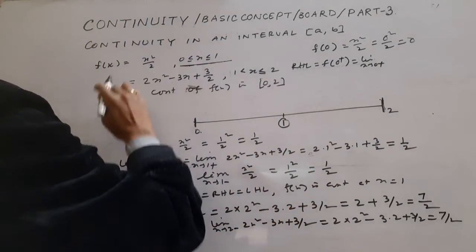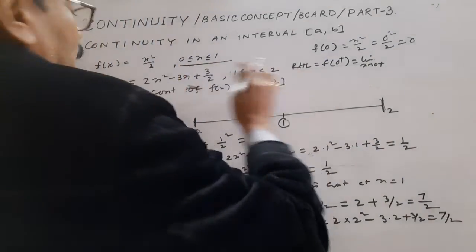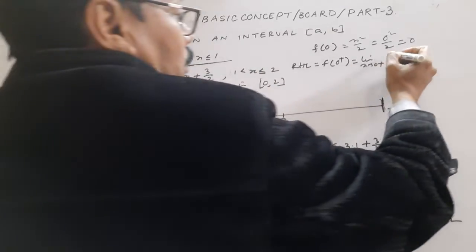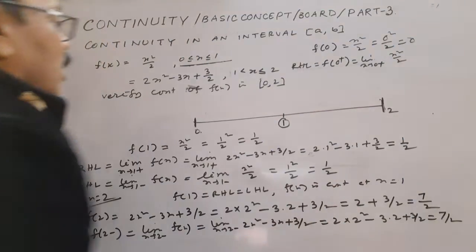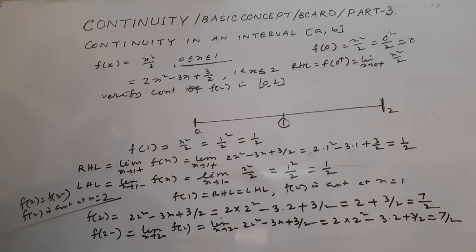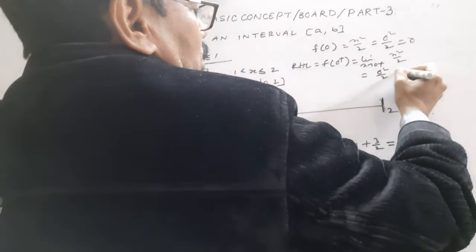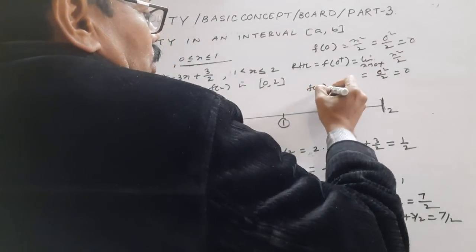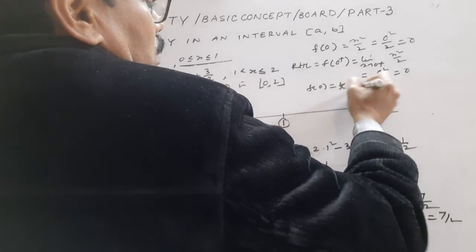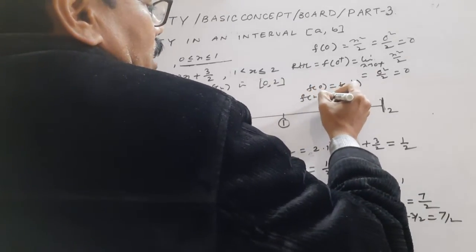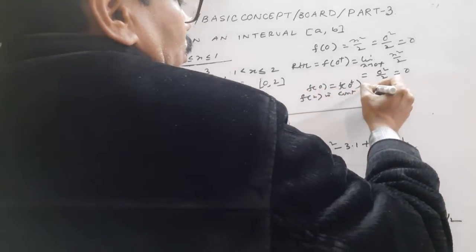For greater than 0, this is again greater than 0 but a very small amount. Mind it, greater than 0 does not imply that it is nearly equal to 1. So this is 0 square by 2 equals to 0. So f(0) equals to f(0) plus. So f(x) is continuous at x equals to 0.